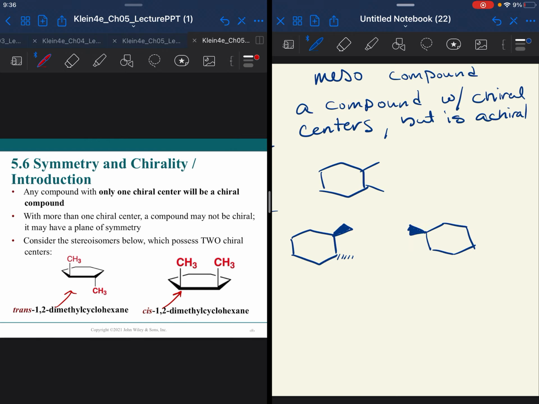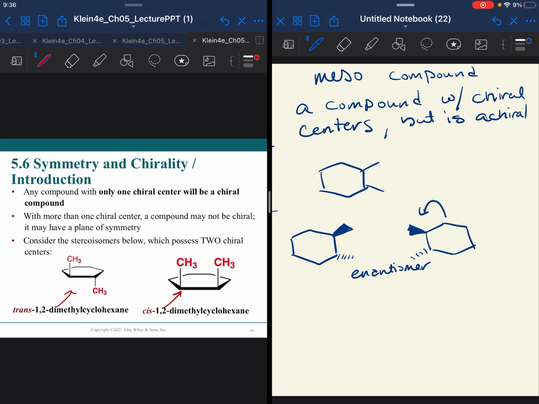So to be really accurate in naming, if you have wedges and dashes now, you can assign R and S. But that's a little bit beside the point here. These are enantiomers, right? You cannot flip one around to get to the other. Feel free to pause, take a minute, build a molecule, and verify that for yourself. These are 2 different molecules.